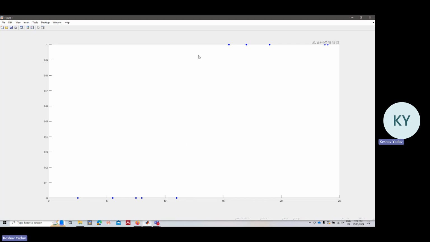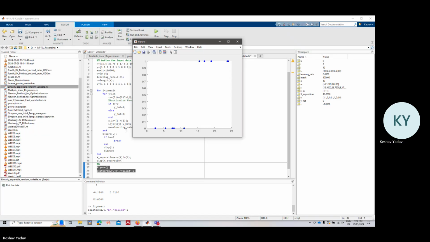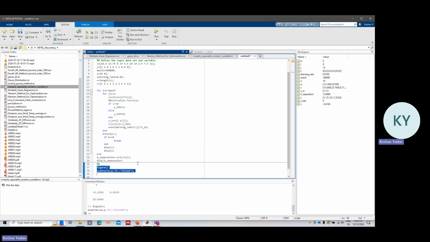This 12 is defining the x separation. I can also garnish this by adding a line.